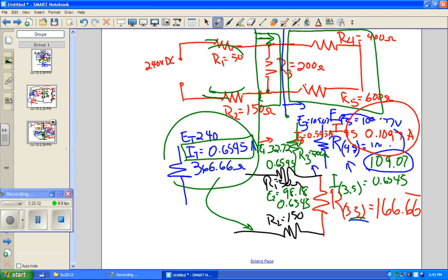Those are our totals for just this path right here. So we're going to plug in our current because this is a series branch, right? Everybody see that? Okay. So since that's series, we're going to plug in our current.